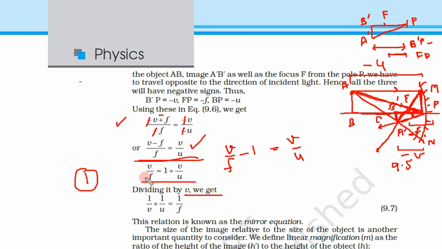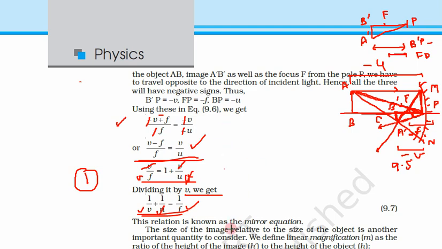So this side, if we divide by v, this v will get cancelled. We get 1 upon f, which is here. And what else we get? This is 1 divided by v, this is also divided by v, v and v cancel out. So this is 1 upon u. So this is our mirror equation: 1 upon v plus 1 upon u is equal to 1 upon f.